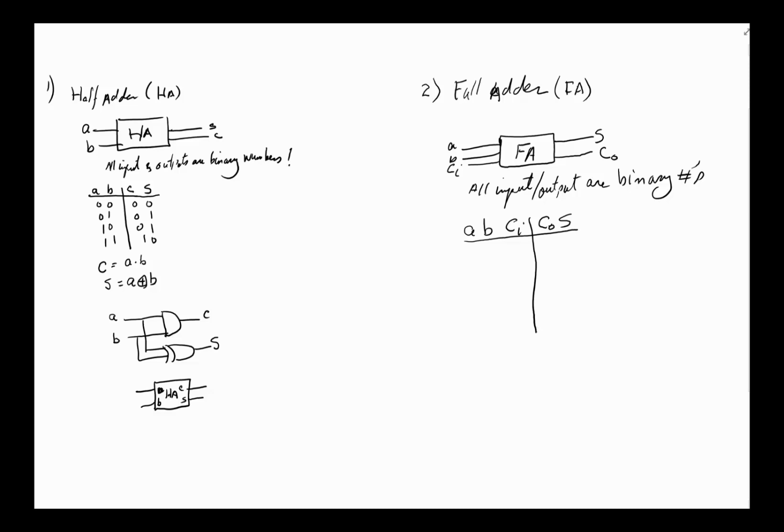So if I do 0 plus 0 plus 0, that's 0, so 0, 0. 0, 0, 1 will be 1. 0, 1 plus 0 is 1. 1 plus 1 is 2. 1 plus 0, 0 is 1. 1 plus 0 plus 1 is 2.